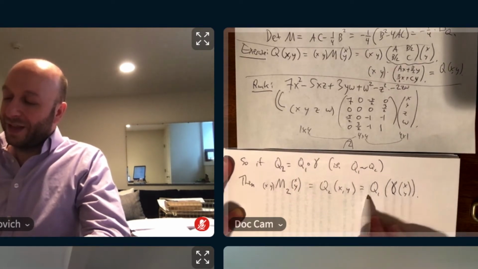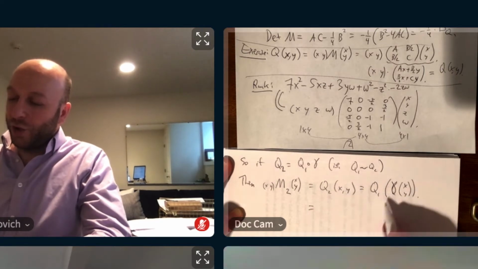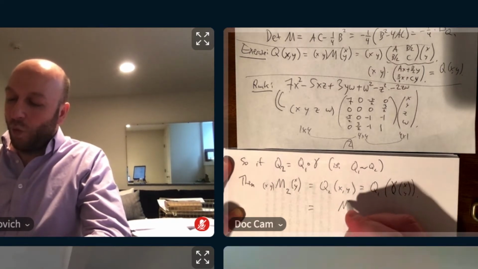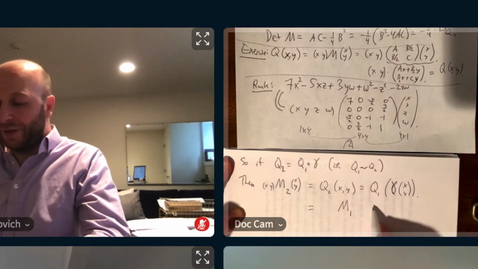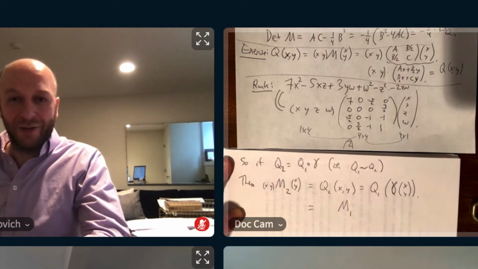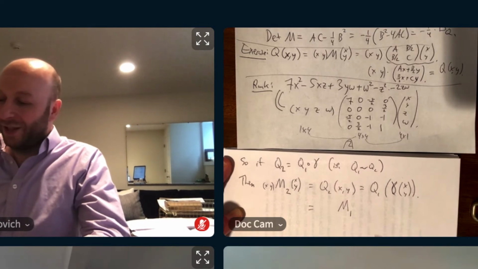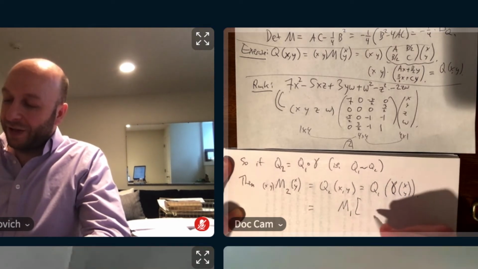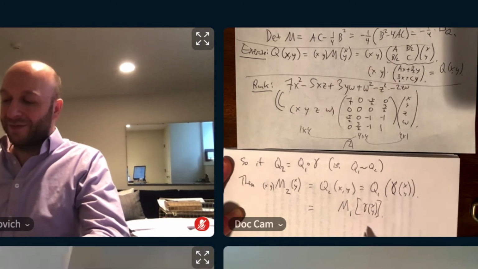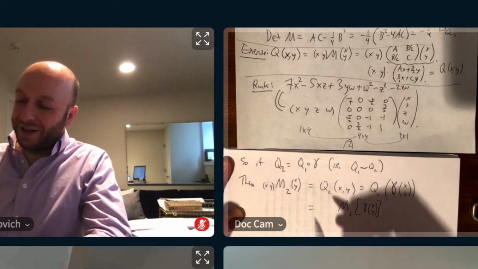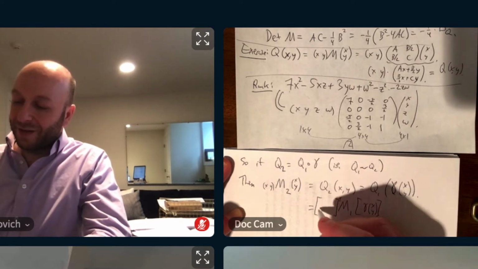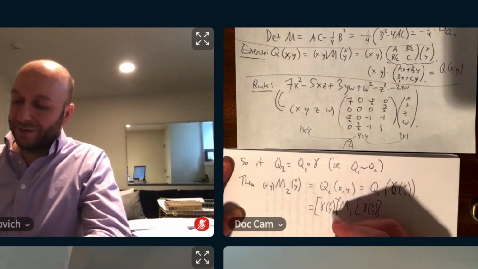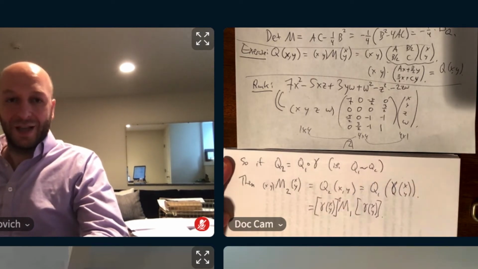Now Q1 of anything is M1 of that thing on the left and the transpose of that thing on the right. So this is M1 of gamma xy and gamma xy transpose. Is anyone with me?